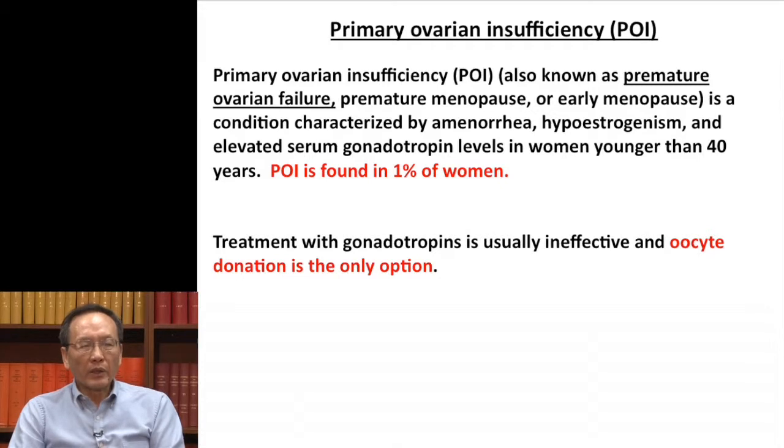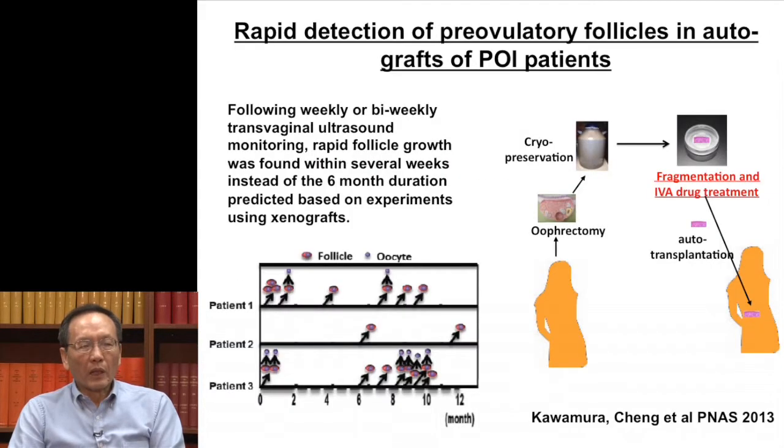So in this type of patient, we collaborate with Dr. Kawamura in Japan. He started to use the drugs we have, in vitro activation IVA drugs, and as shown on the right-hand side, he took out one ovary and cryopreserved some of the ovarian pieces.